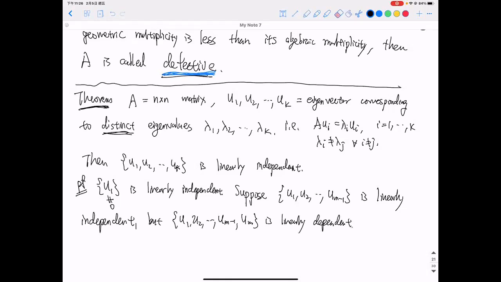And let's assume that m is less than or equal to k. I suppose this happens at some point when you're doing the process of adding U's.